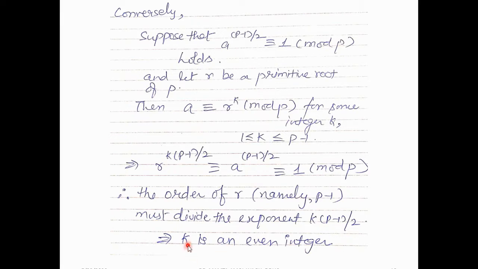This implies that, because the order of r divides k times (p minus 1)/2, and p is odd, so p minus 1 is even, and if the order of r, that is p minus 1, divides this, that means k is an even integer.